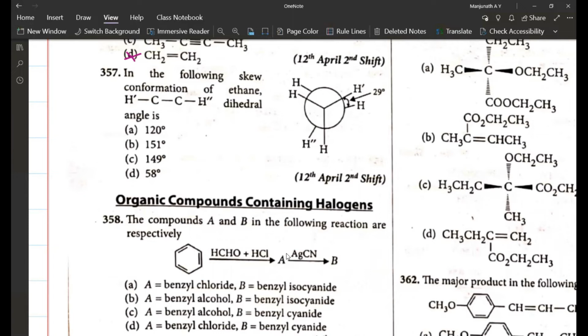Acha, they are asking a different angle only. H dash, C, C, H double dash. That means you have to add 29 degrees to 120 degrees. How much is it? 149. You understood my point? Mathematics it is.